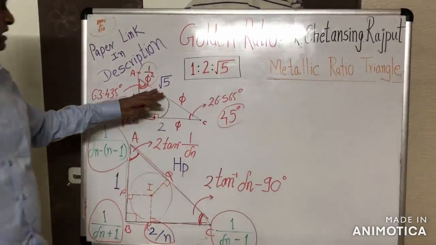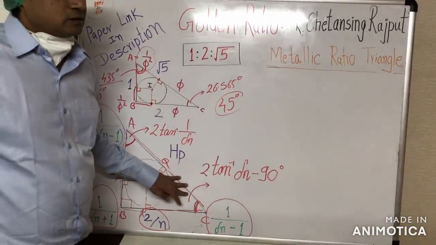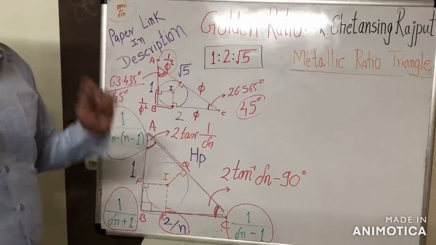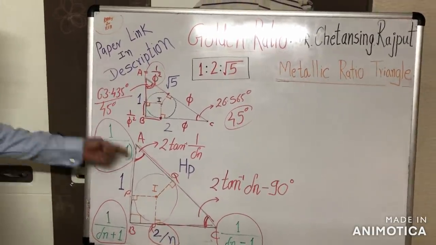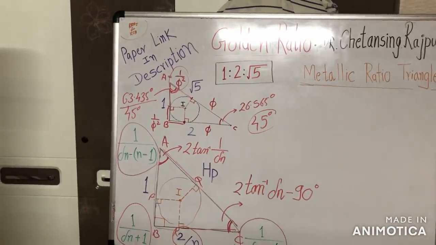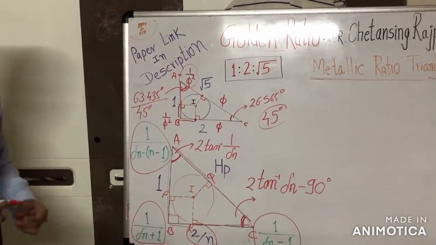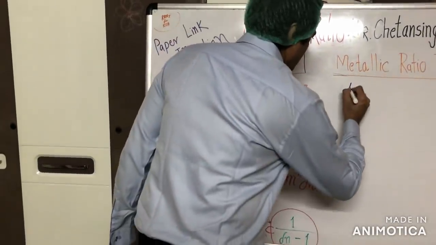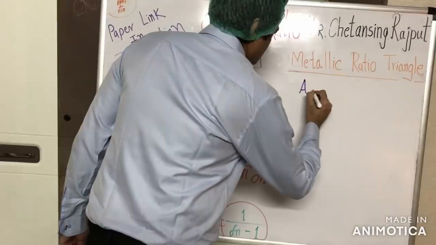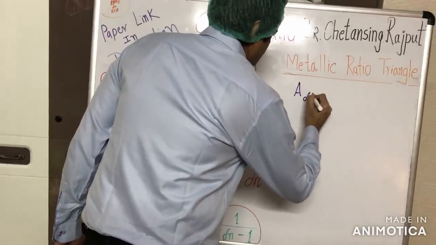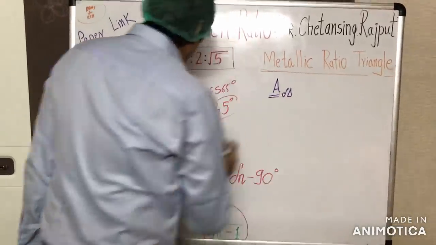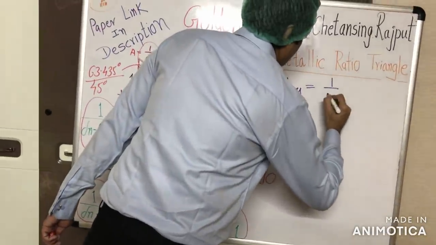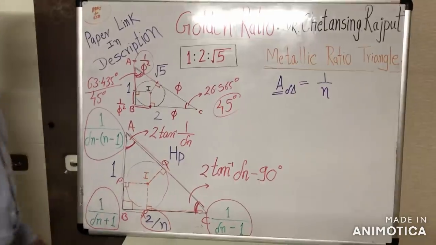And not just angles or side lengths or the triangle vertices, every other thing of this generalized metallic ratio triangle can be generalized. Okay, let us see. For example, the area of this generalized metallic ratio triangle is simply equal to 1 upon n.